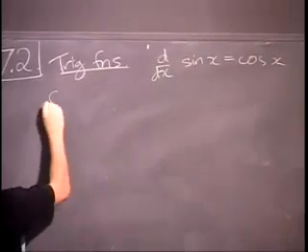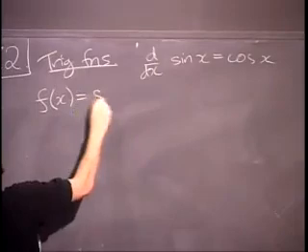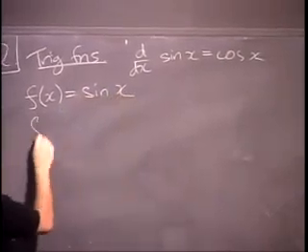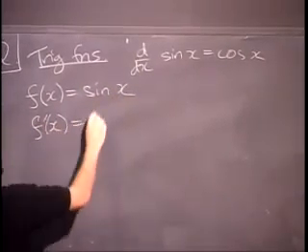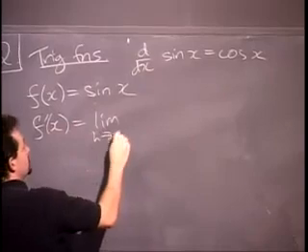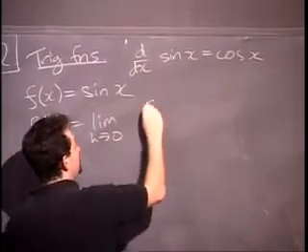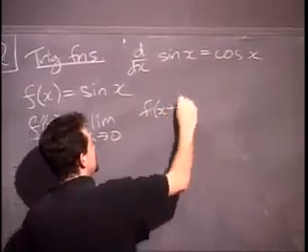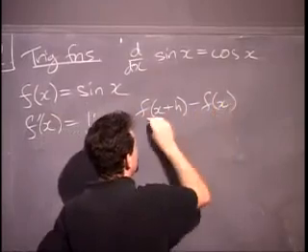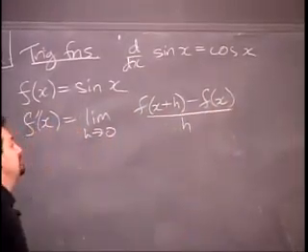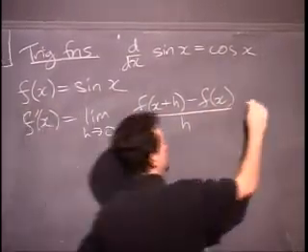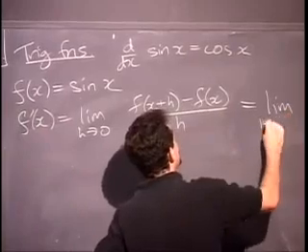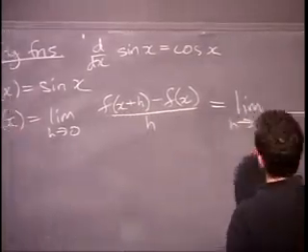I'd appreciate it. So anyway, let's let f of x equals sine x. Then f prime of x is the limit as h goes to 0 of f of x plus h minus f of x over h. It's not inconceivable you could be asked to show this directly, but pretty unlikely, at least in Math 103 at Princeton.